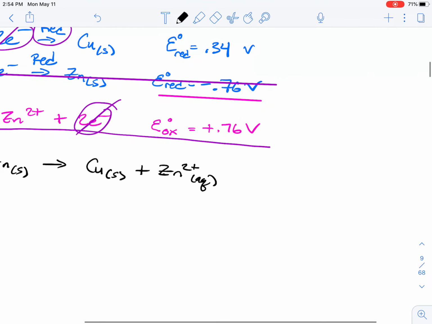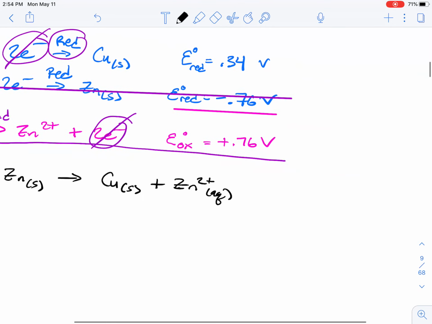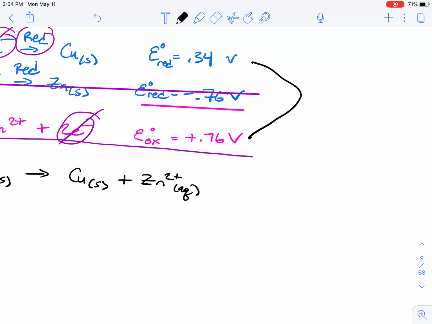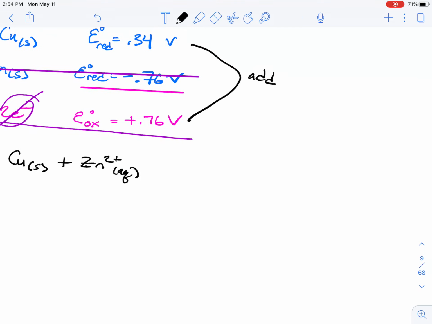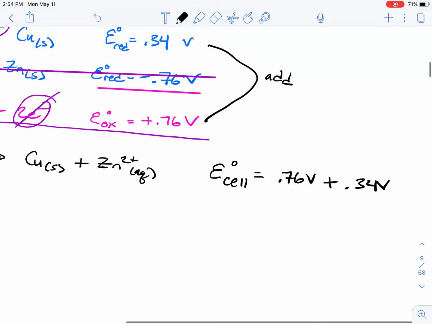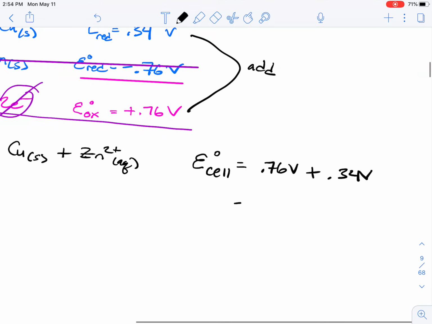And so when I add both these two equations, I'm simply just going to add these two values. So overall, the cell potential is going to be 0.76 volts plus 0.34 volts. And if you add them, then you'll just get 1.00 volts.